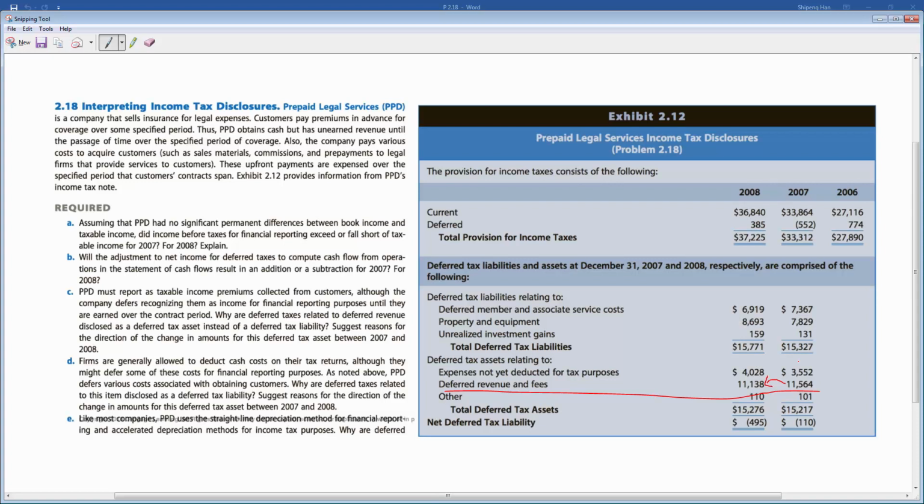So the company collected less premium than before. So this kind of caused the deferred tax assets to decrease. Okay, so that means the trend is kind of reversed, not deep, but a little bit. So this gave us that impression the company is experiencing the sales decrease.